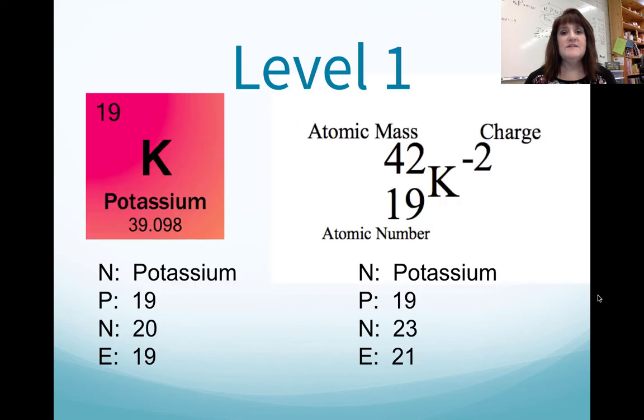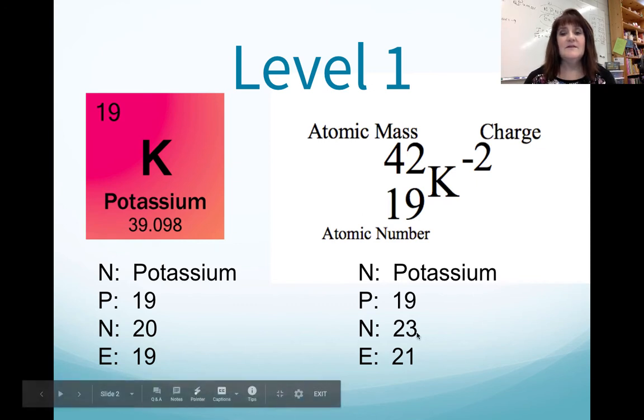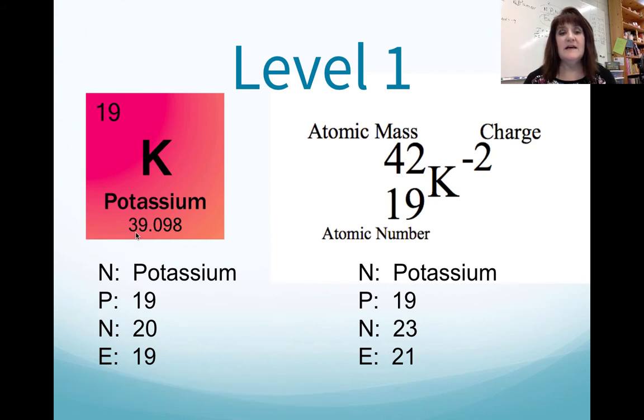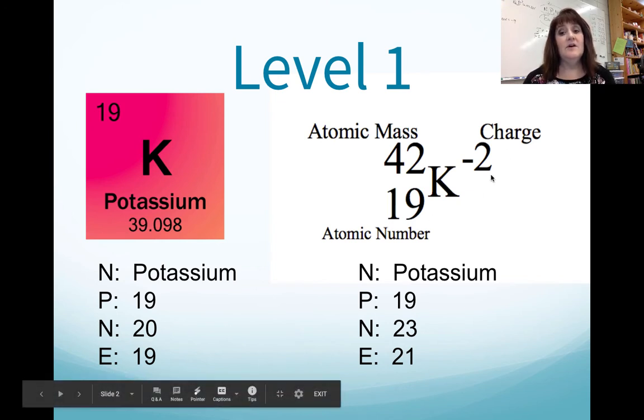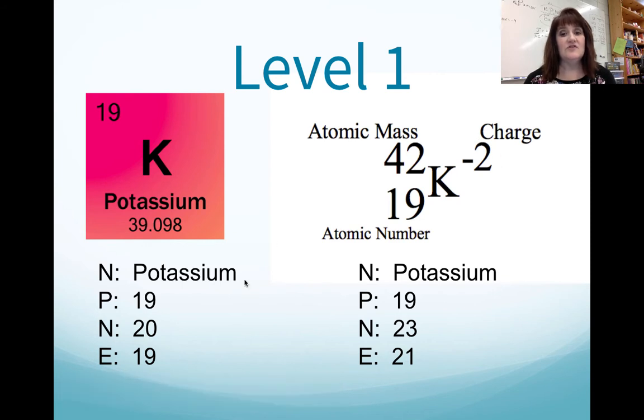Like in this first example, this potassium has a different mass than it's supposed to. It's supposed to have a mass of 39. It has a mass of 42. Therefore, this atom of potassium is classified as an isotope. Noting it's also classified as an ion because it has a charge.